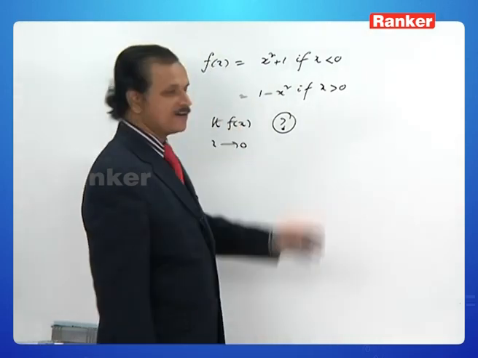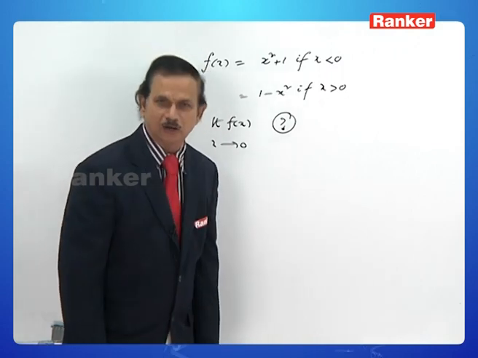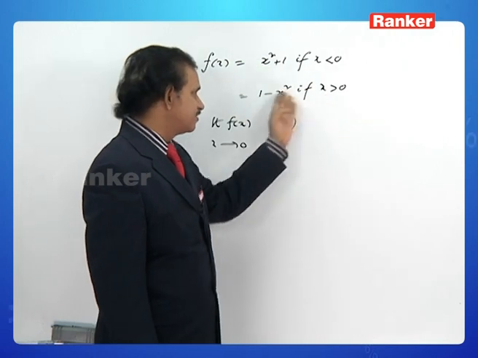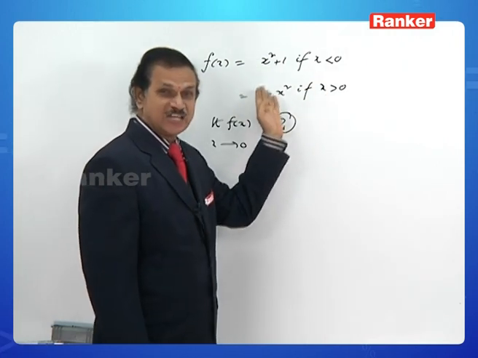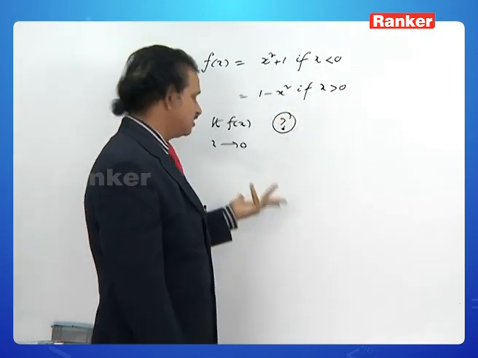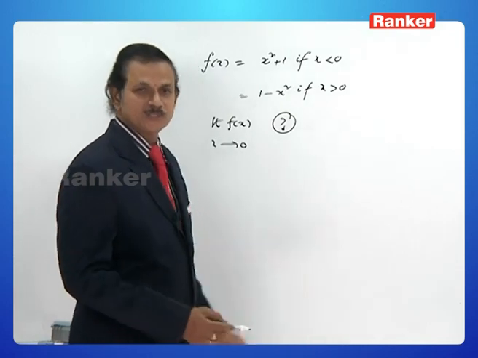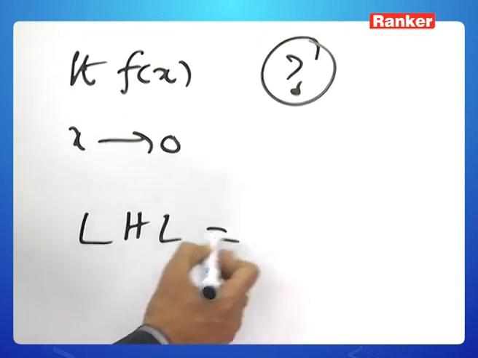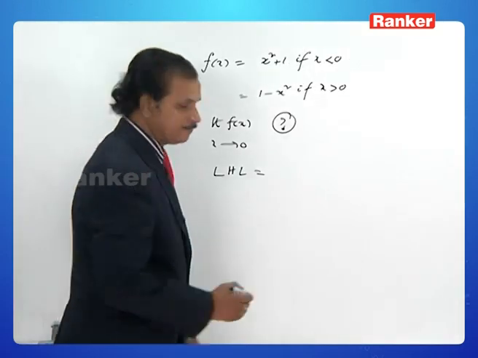The function f is not defined at x equal to 0 here at all. Of course, in the region to the left of 0 it is defined, and the region to the right of 0 it has been defined. Let us see whether the limit exists or not. First of all, what is the left hand limit?